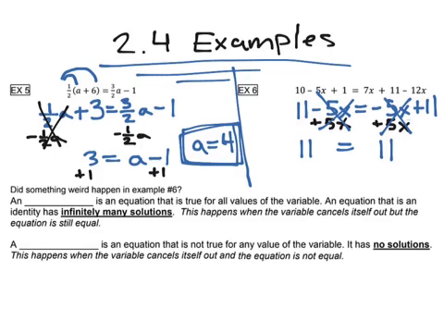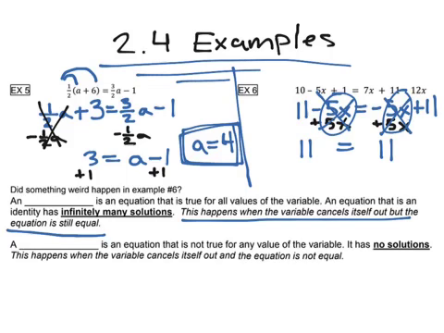And so there's two different things that can happen in this situation where we get all of our variables to cancel out as they did in this one. So this happens when the variables cancel themselves out, but the equation is still equal.